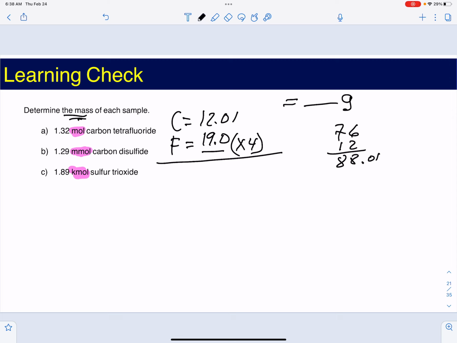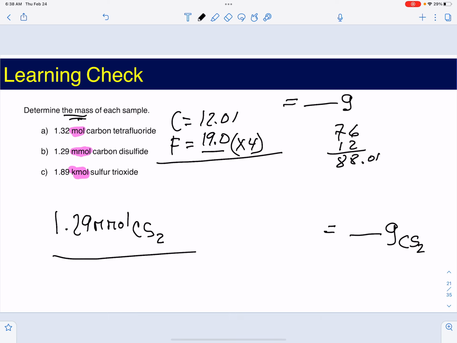The next one is going to be given 1.29 millimoles of carbon disulfide. Can you tell me how many grams of carbon disulfide this is going to be? So if you're having problems with the formula, make sure you review chapter 5.